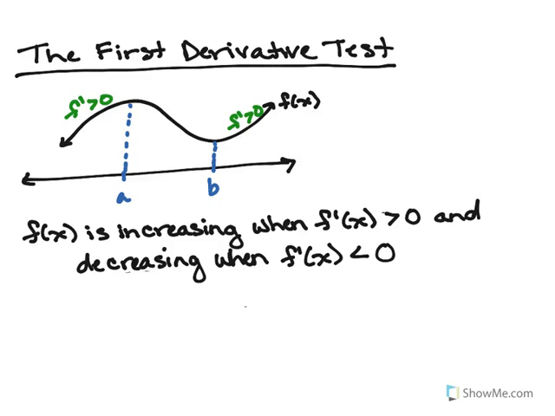And my function's going to be decreasing when I have a negative derivative, because a negative slope is a decreasing line. So in between A and B, my derivative would be less than 0.